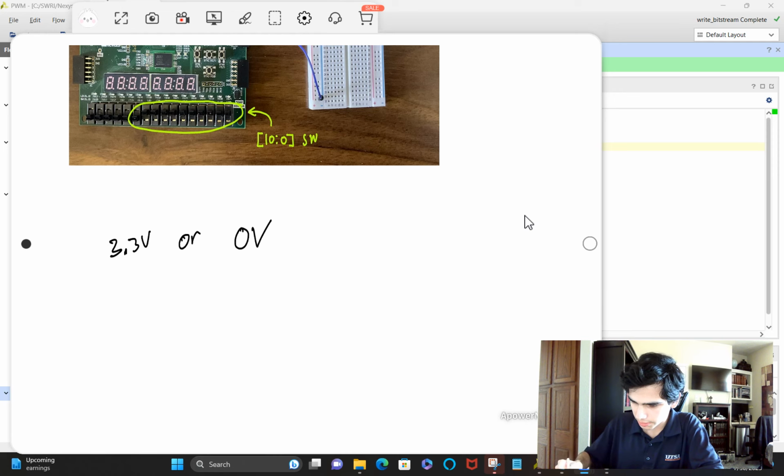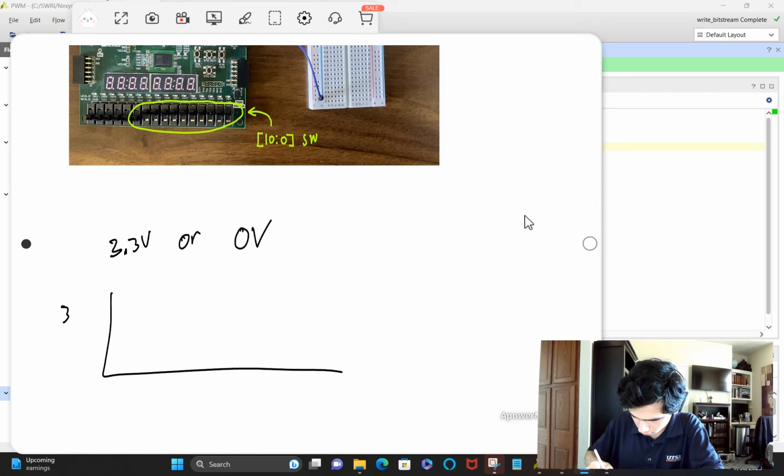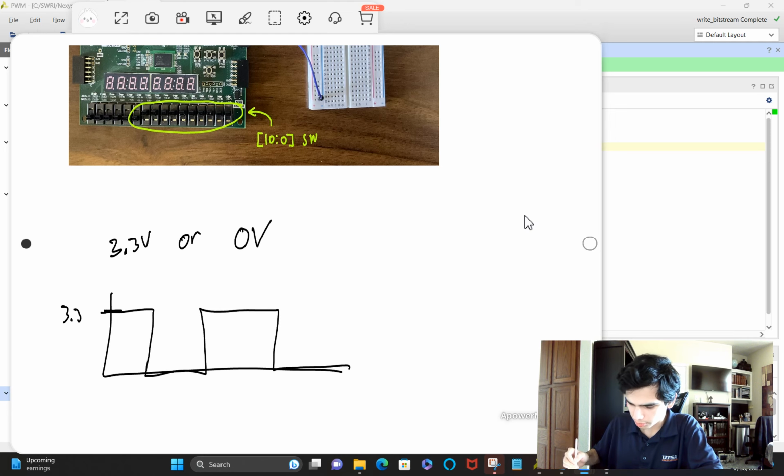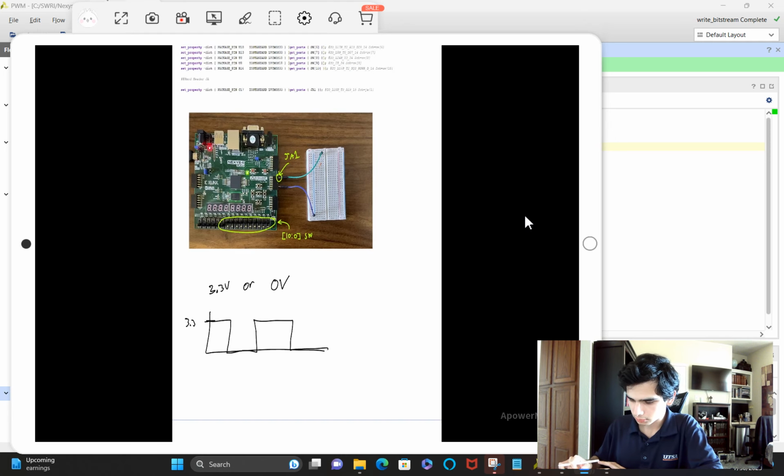It's still digital because it's either 3.3 or 0.